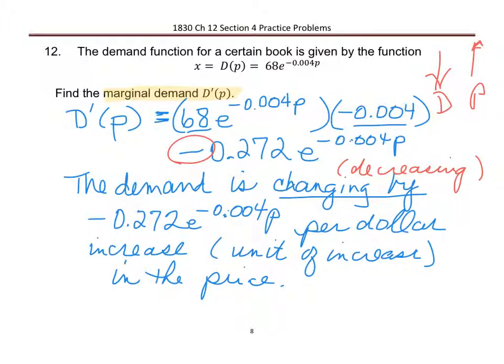But here again, be sure that you got your units and that you're using that word per because it's a rate of change. Marginal means rate of change.